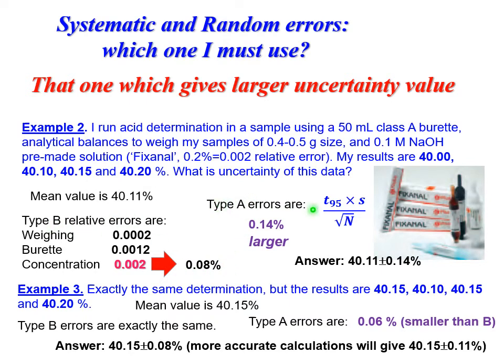Type A errors are easy to calculate using student's coefficient, standard deviation from these numbers, and square root of n, which will be 4. And it is 0.14%. This number is larger than this number, so I can say that the answer will be 40.11 plus minus 0.14%.